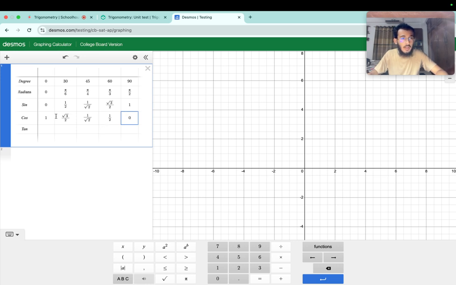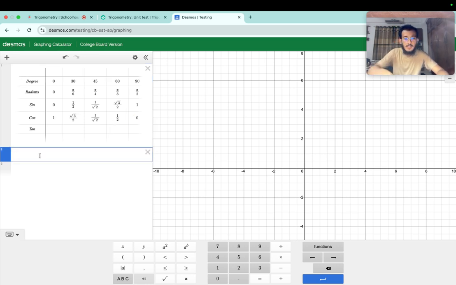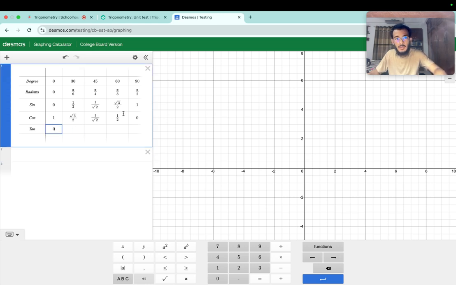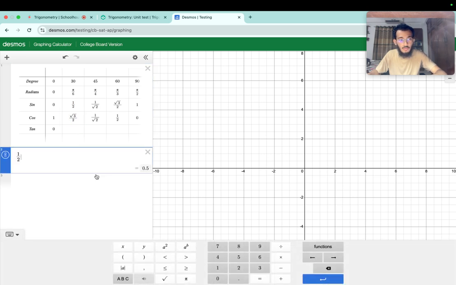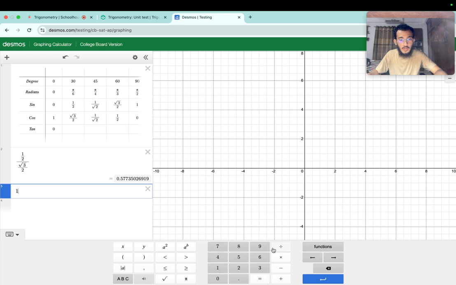Okay, and now tan is basically sine divided by cos, we know. So this thing divided by this thing is 0. Half divided by root 3 by 2 is 1 by root 3.